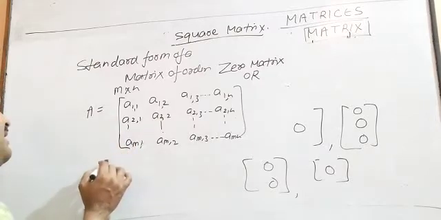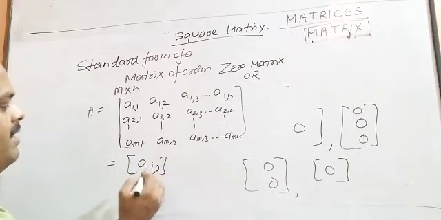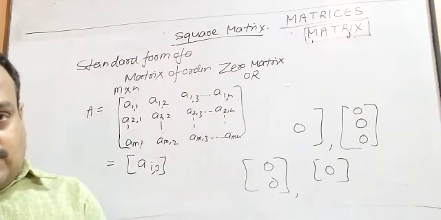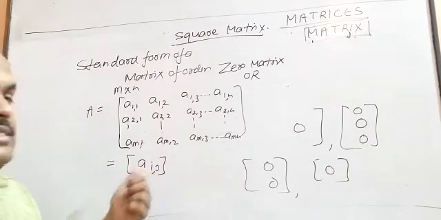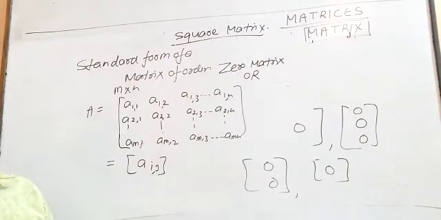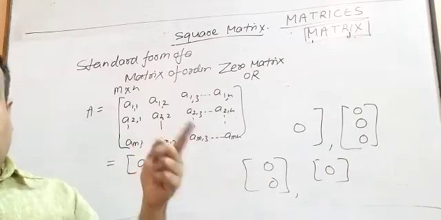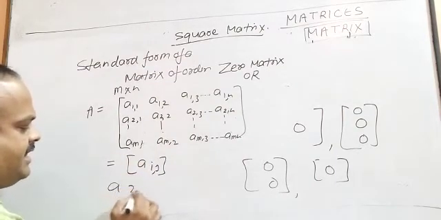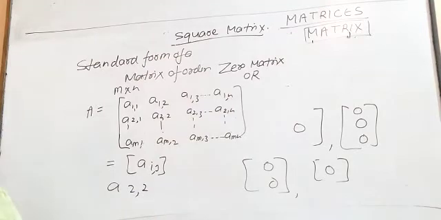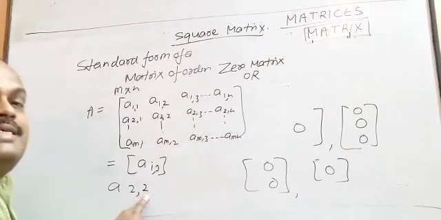We can show it in a small form as a_ij, where i shows the row and j shows the column. If I write here a12, it means the element in the first row at the second place. If I write a22, it means the element in the second row at the second place.